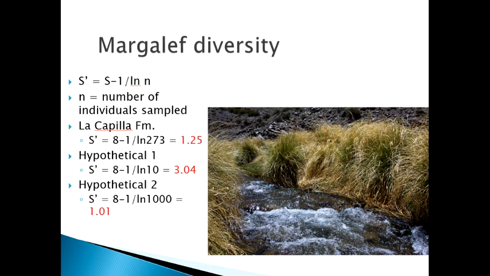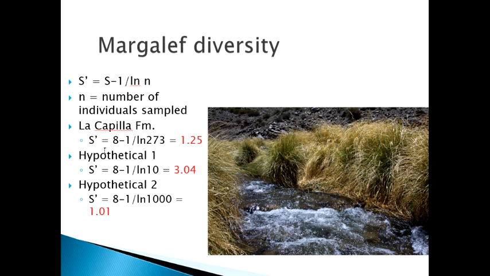The first is what we call Margalef diversity, and it's a way to incorporate how many things you collected or how many things you counted actually. So if I denote it as S prime up here, the mathematical formula is S minus 1, and then that is divided by the natural log of n, the total number of individuals that are sampled.